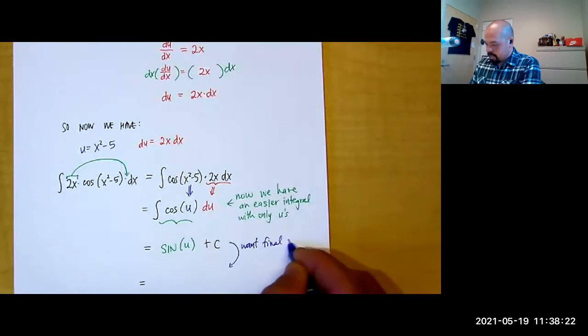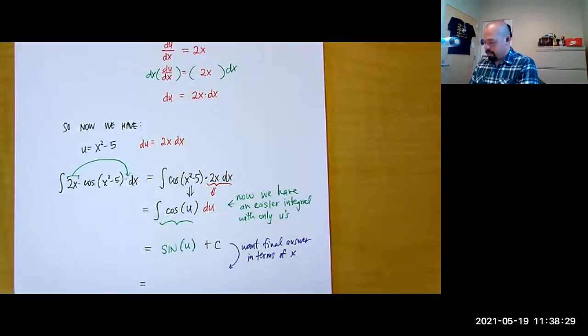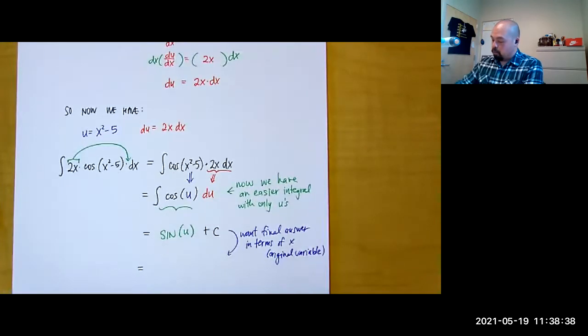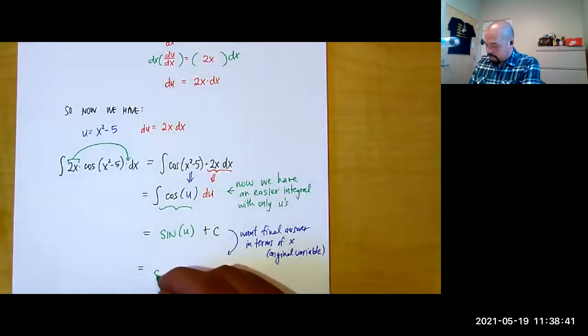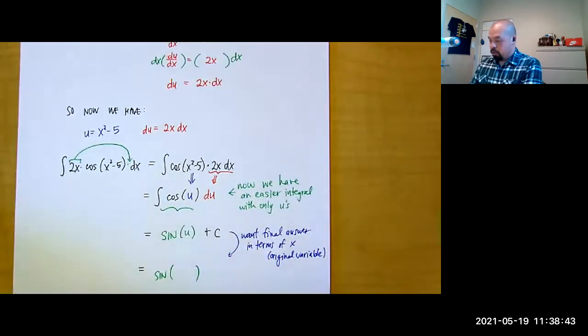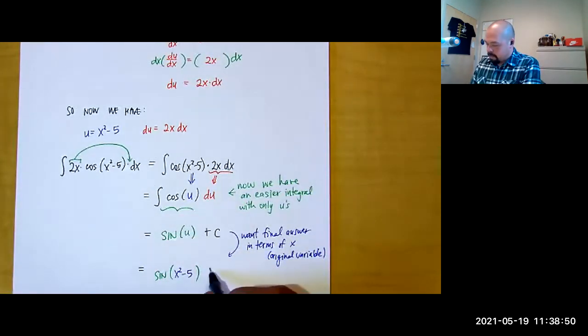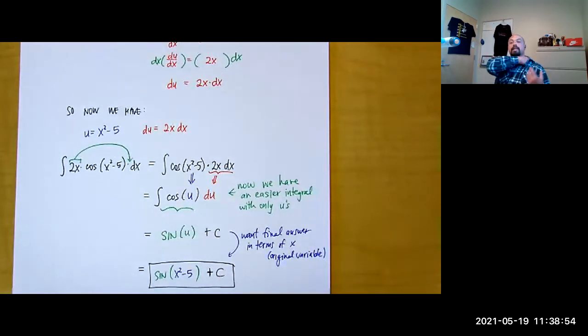We want that final answer in terms of x, our original variable. So that way we get here the sine of what was u. U was equal to x squared minus 5. And then our plus c, our constant of integration, still present.